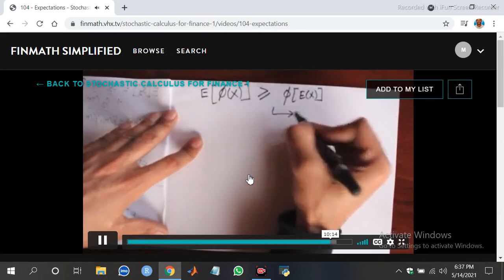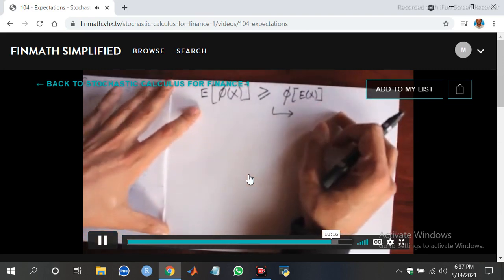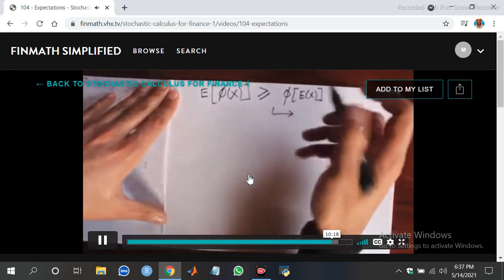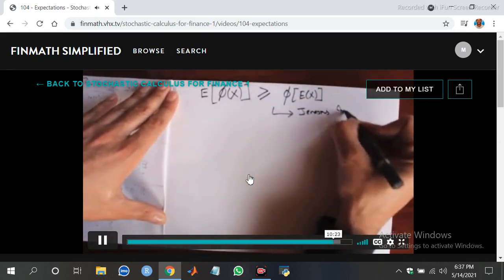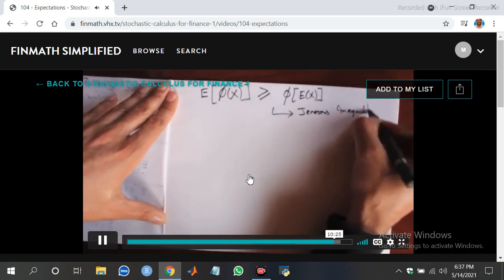Now this I'm not going to prove. The proof is available in Steve Shreve's book, and this is called Jensen's inequality.